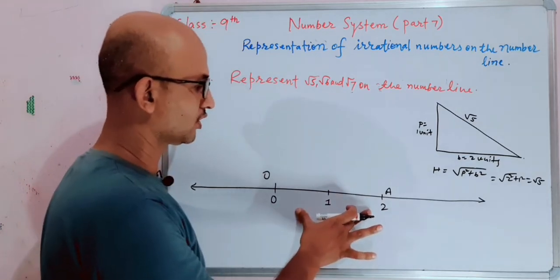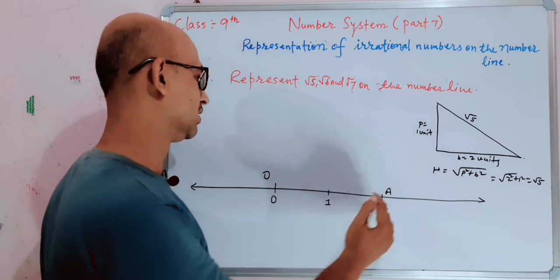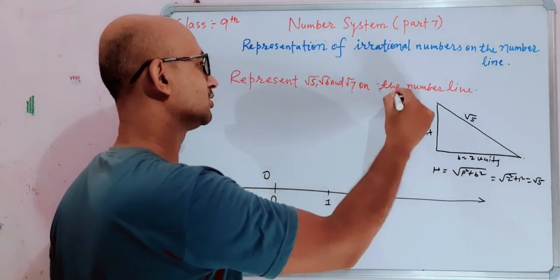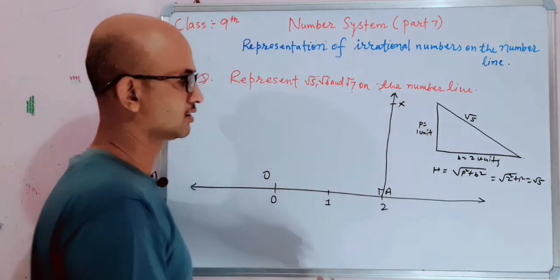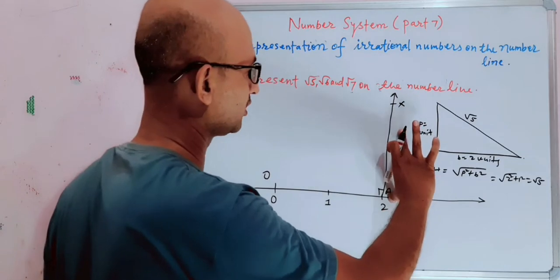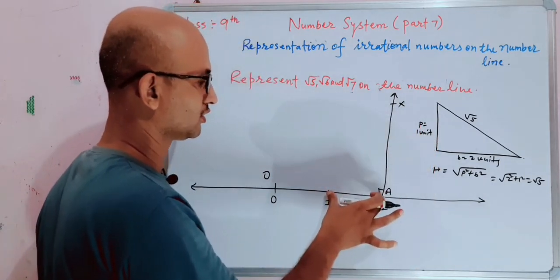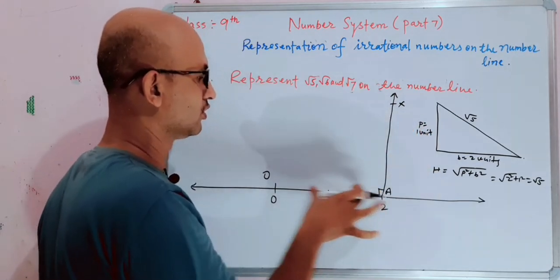Therefore, OA is 2 units in length. Now at point A, using either protractor or compass, we draw a perpendicular line AX. From this perpendicular AX, we cut off AB equal to 1 unit.